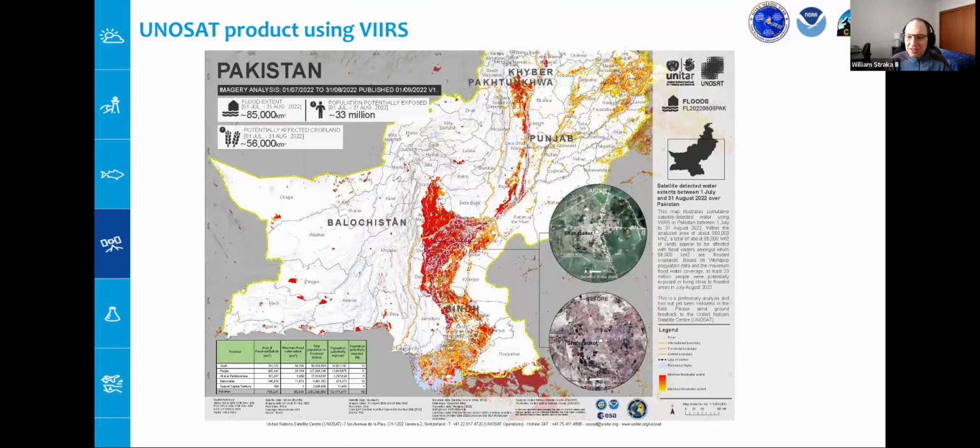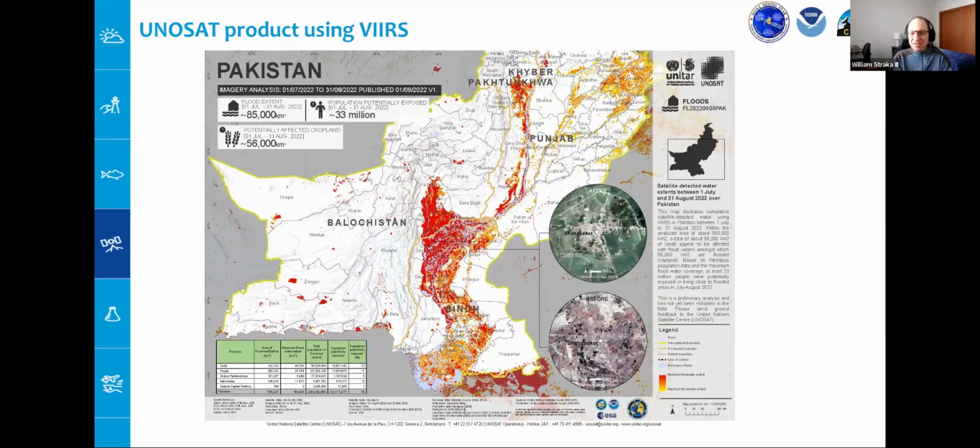Some examples of the utilization of the NOAA flood products have been through UNOSAT with the United Nations in producing their flood extent, population impact, and cropland impact analyses, as shown here from Pakistan from 2021. And this is done from data from the 1st of July all the way through the end of August.